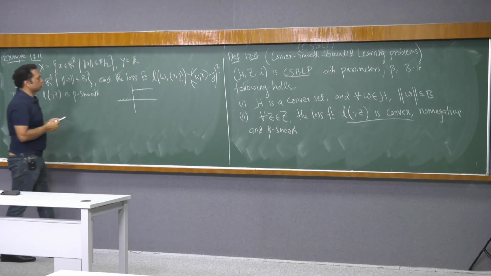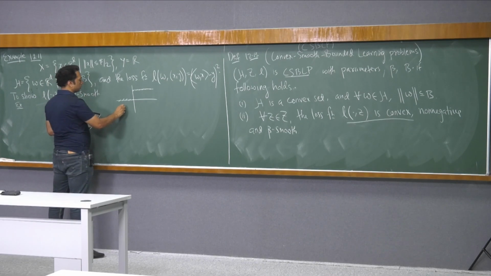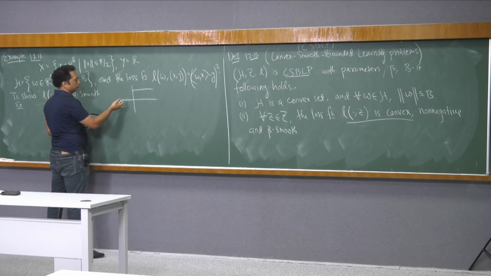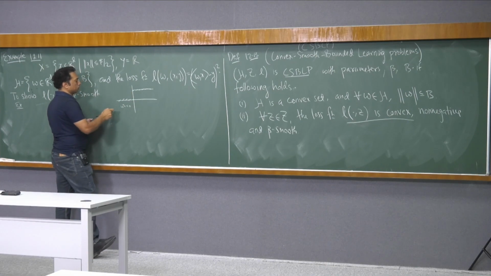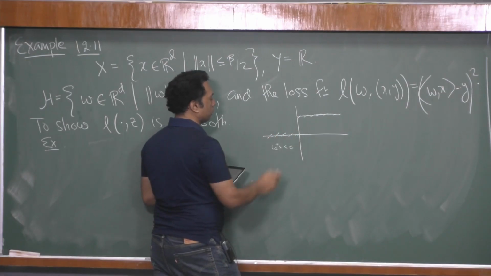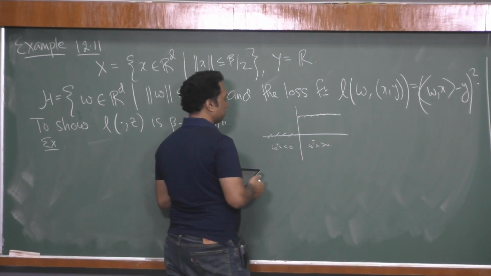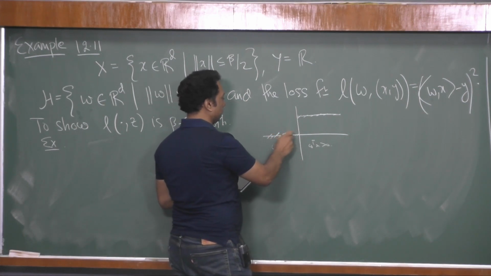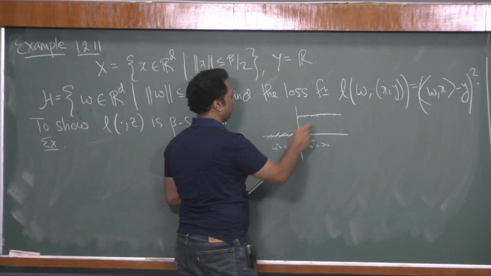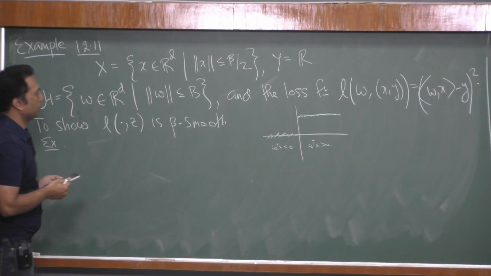In the 0-1 loss, we said that if w transpose x is, let us say, less than 0, or greater than 0, it doesn't matter, it depends on which class I am identifying, then we predict 0, and when w transpose x is greater than 0, we predict 1. So this function is like this, and then like this. So certainly this is not a convex function, right?